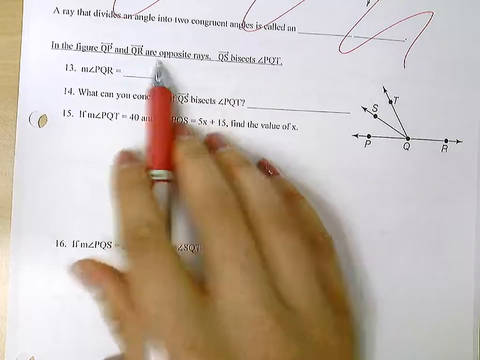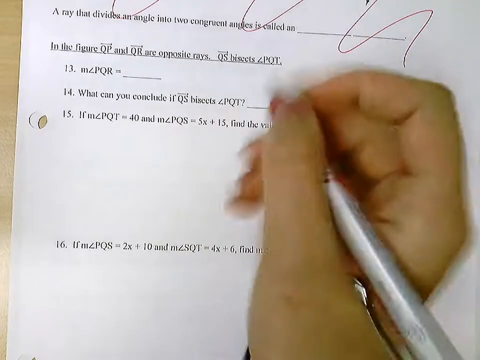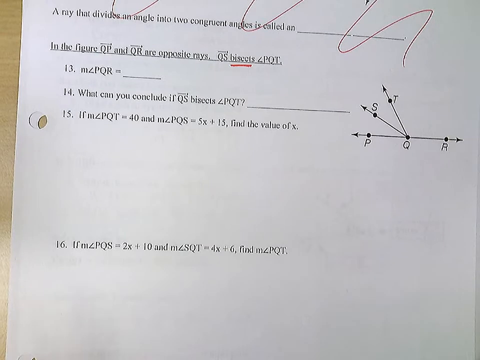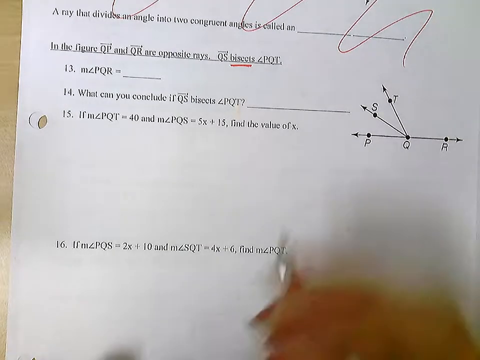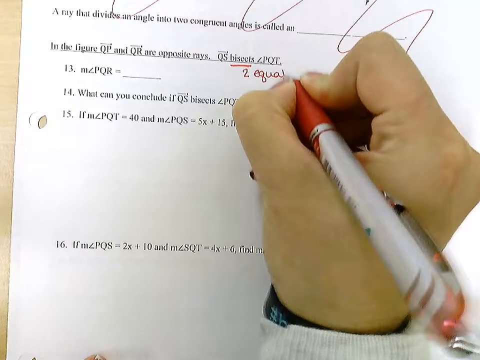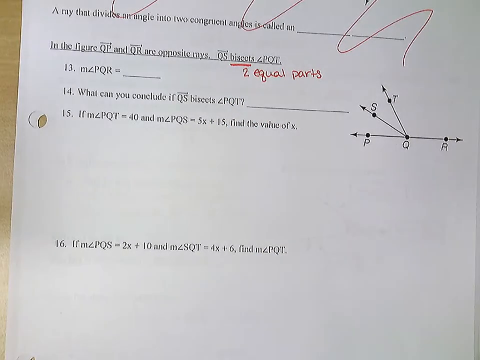Okay, so those are opposite rays, and ray QS bisects angle PQT. So I know we didn't really talk about what bisects means, but it splits it into two equal parts. Okay, so you have these two equal parts when something bisects something else.